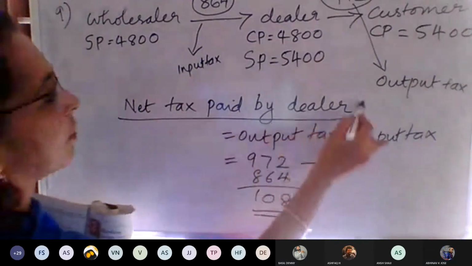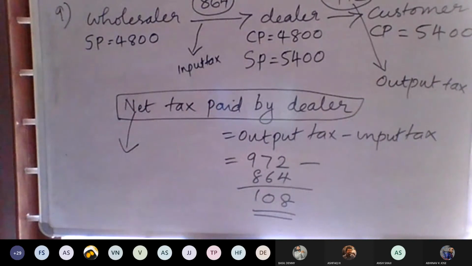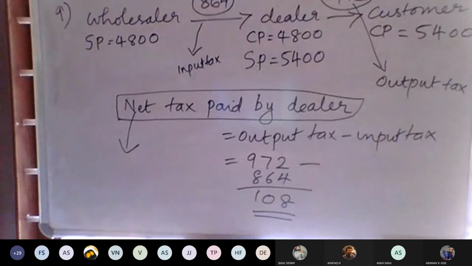Instead of net tax paid by the dealer, you can write the same step, amount of tax paid by dealer to the government. That also you can write.